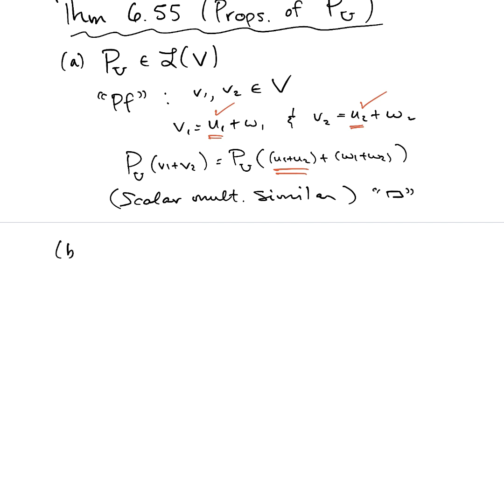Okay, here's part B. Check this out. If you start with something that's in the red already, well, think of that thing in the red as thing in the red plus 0, where 0 is in the green.